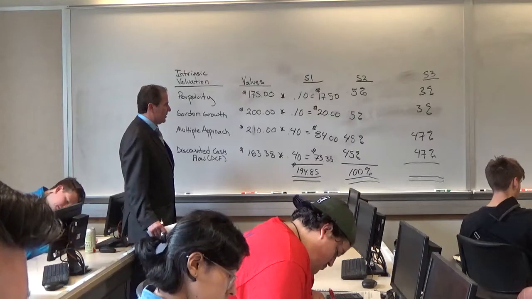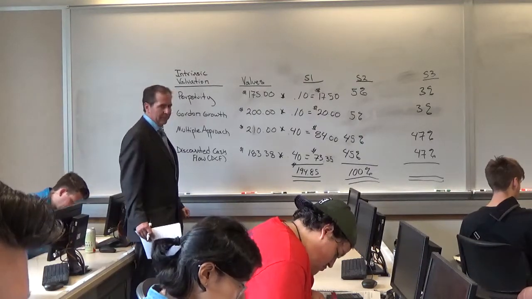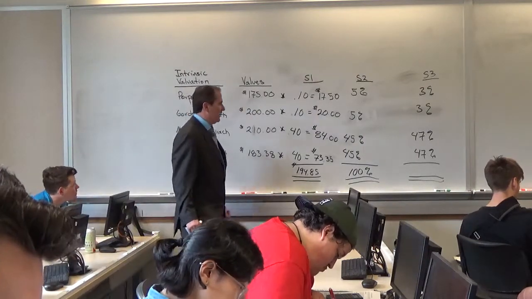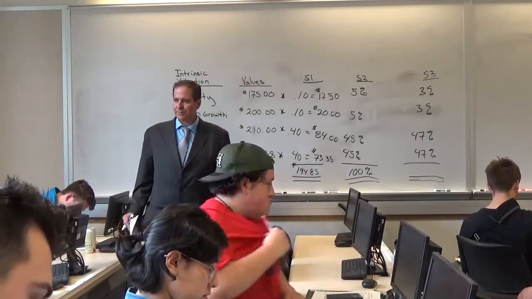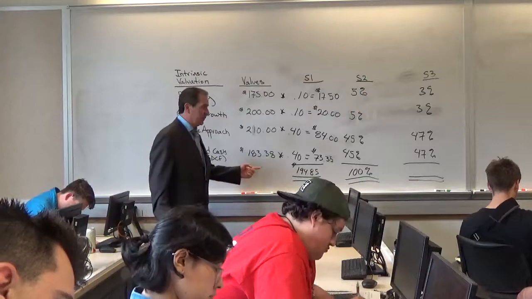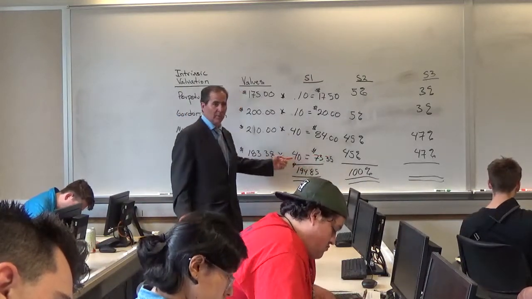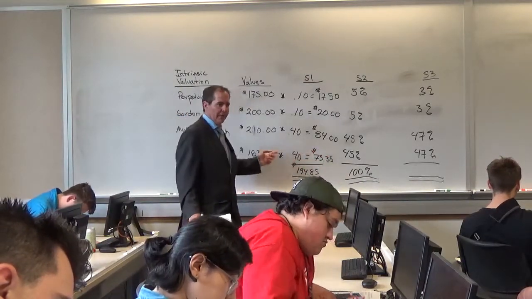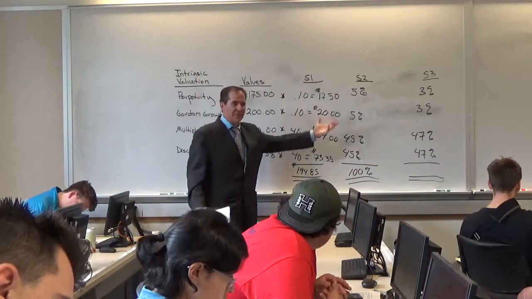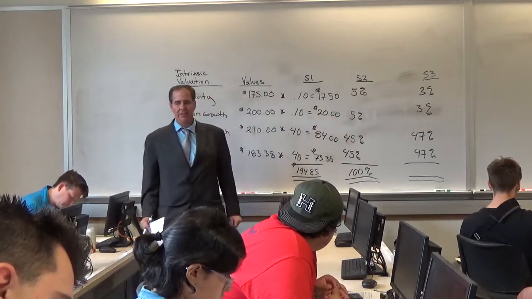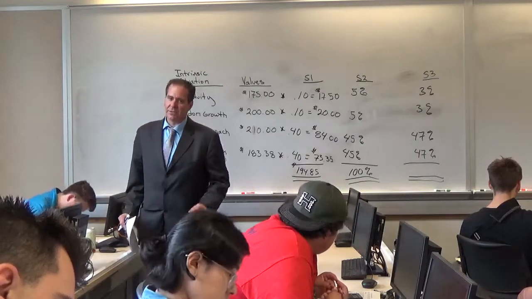So my question to you right now is, which scenario do you think is the most accurate from a theoretical standpoint? Now the problem is you've equally weighted all of them. You didn't give more weight to one methodology over the other. So the question becomes, what scenario, again, do you think is the most accurate?